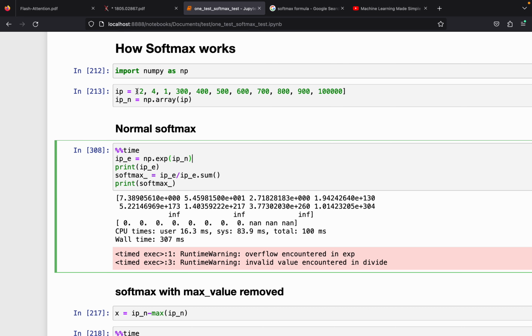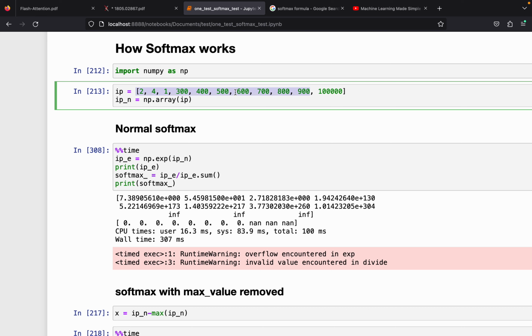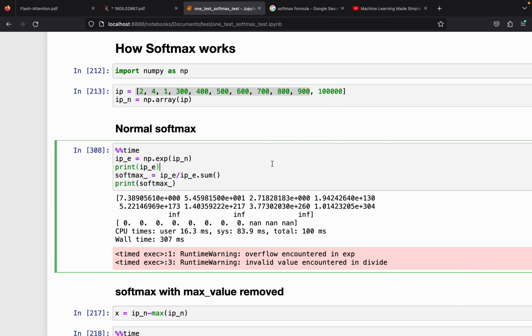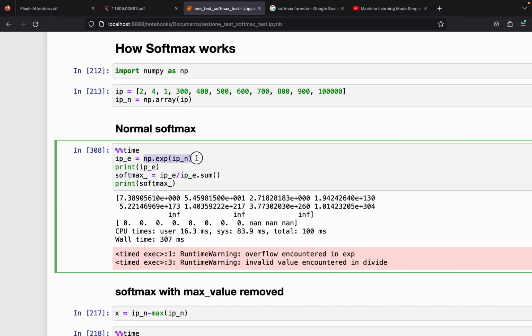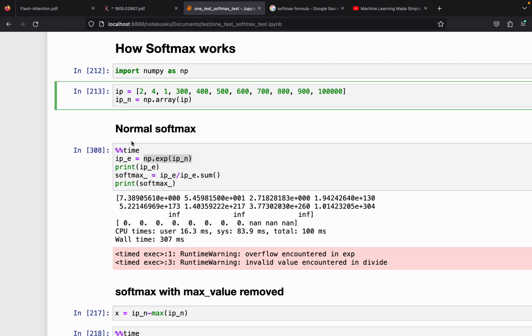Let's say we have this array with big numbers here, and what I'm trying to do is the softmax function. Let's say this is the input array 2 4 1 etc., and then you take the exponential of each of the numbers, right?